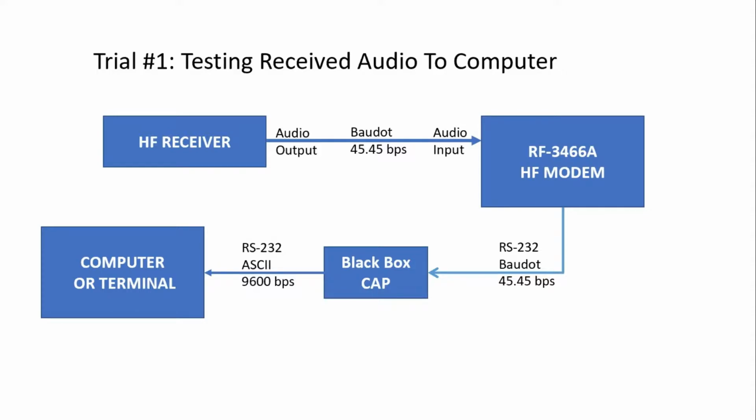Now this is again what a typical setup would look like for this, where you're using an HF receiver. Now, to make this testing as easy and with as few variables as possible, we're going to take a slight detour here, and let me show you that.